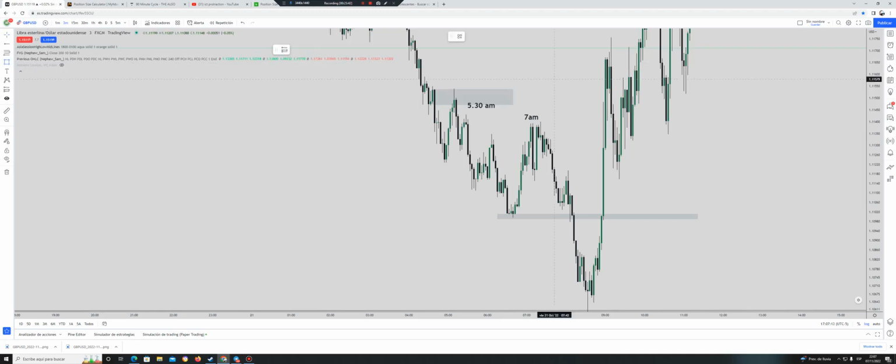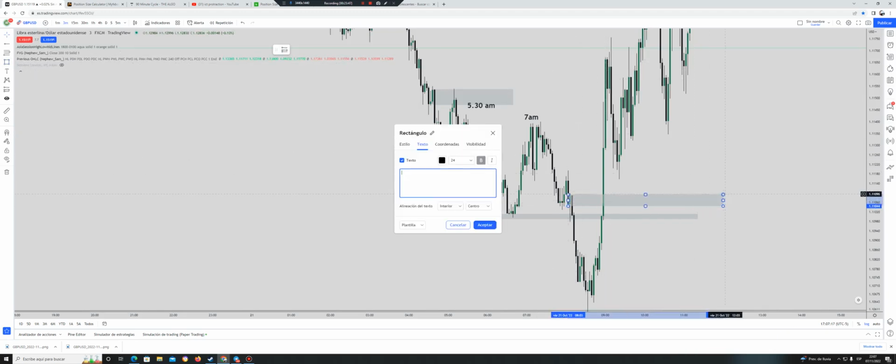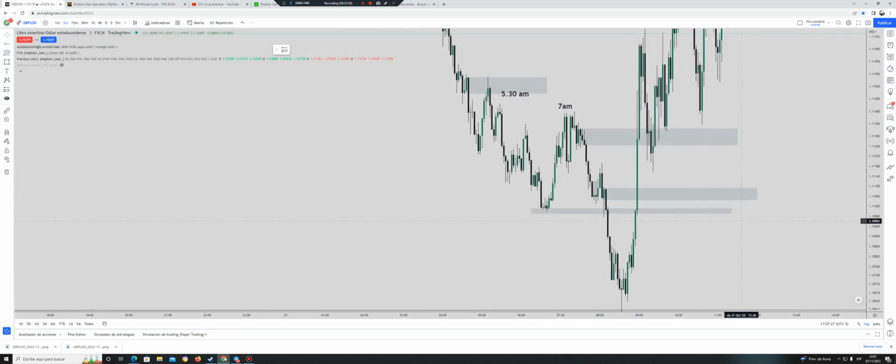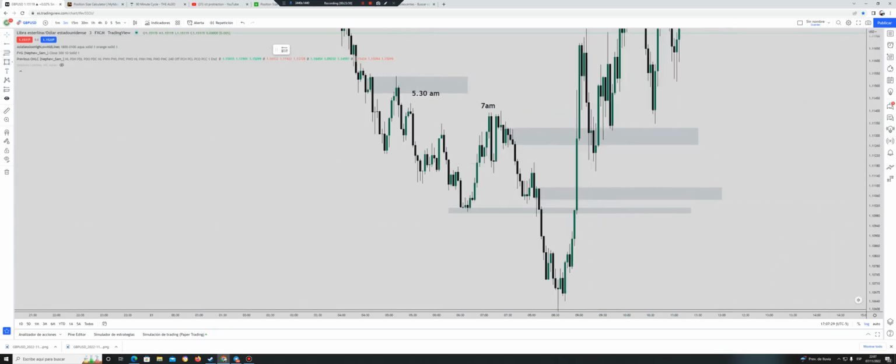And now the small money traders are going to try to sell here on this other block, and this other block. But what they don't know is that this is the protraction market phase. This is the fake move.